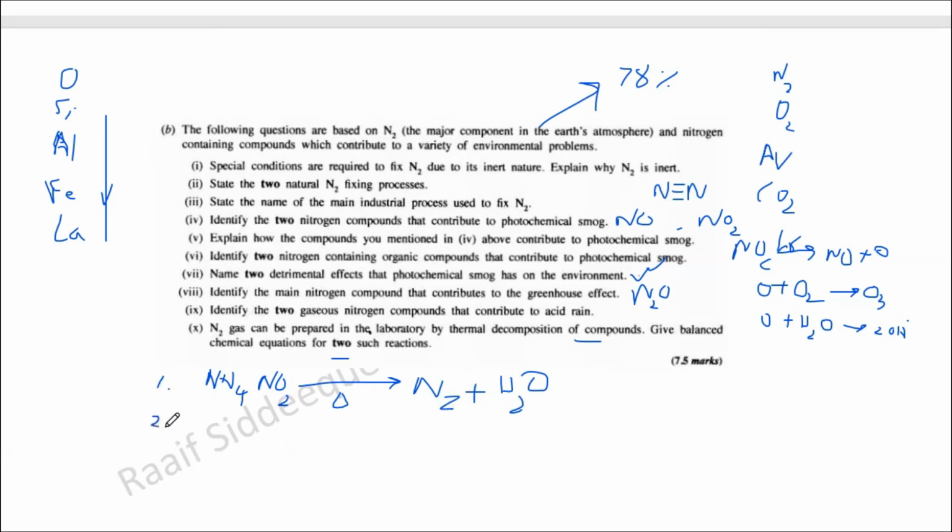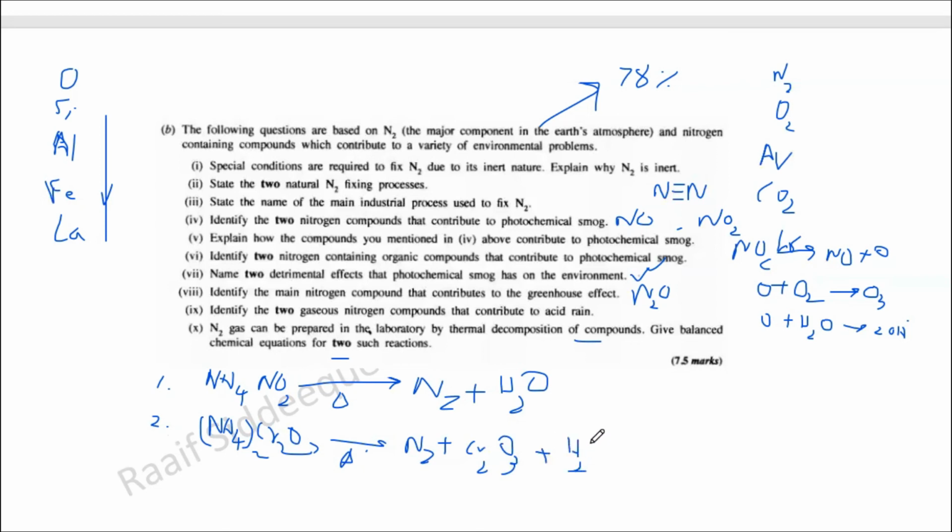And second, if you can remember, we discussed another one, that is ammonium dichromate, (NH4)2Cr2O7, and when you heat this one, it will produce nitrogen, Cr2O3, the oxide of chromium, and water.